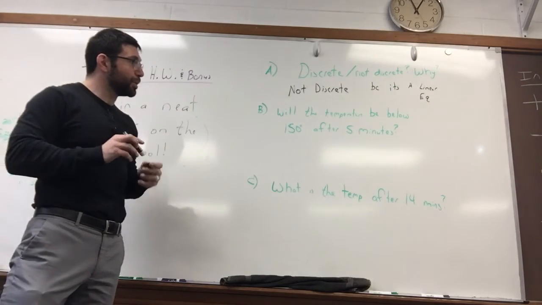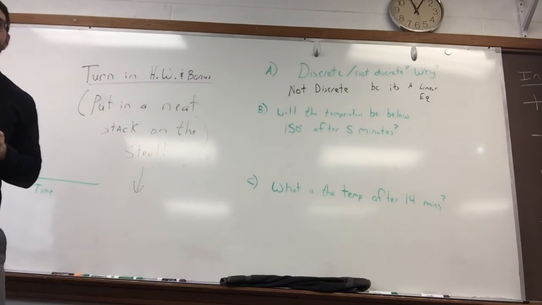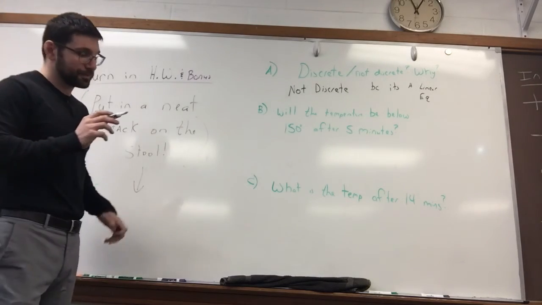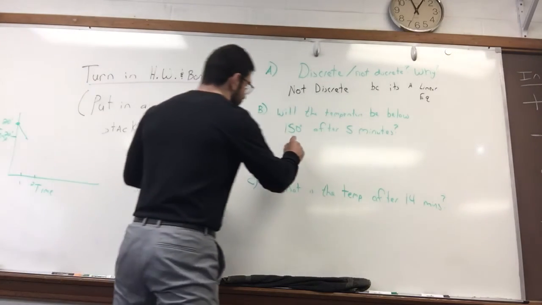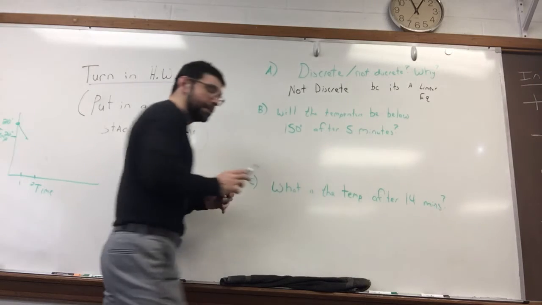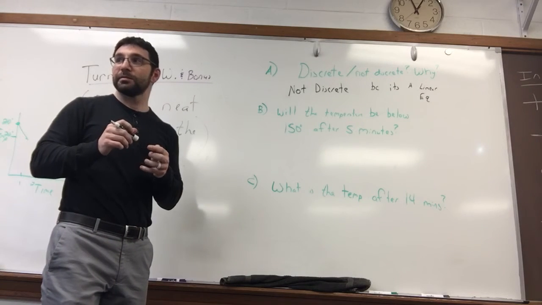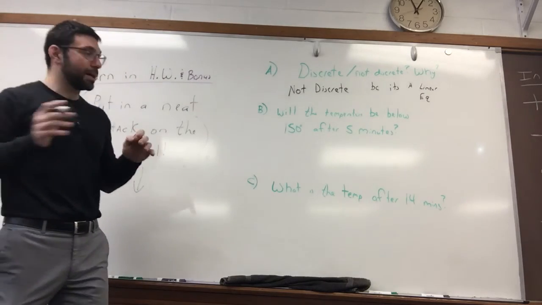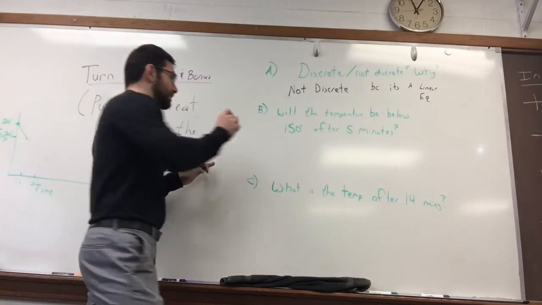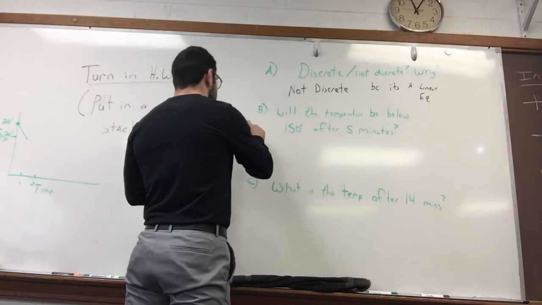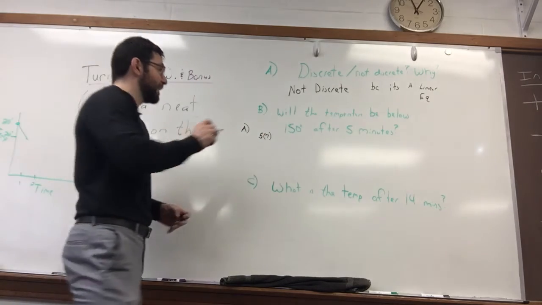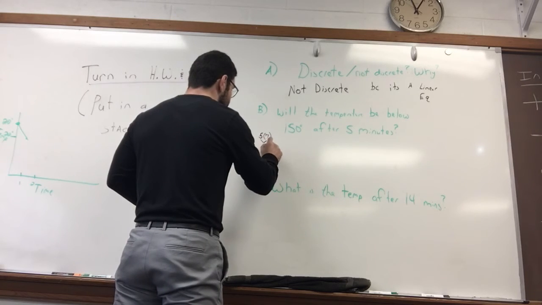So, will the temperature be below 150 degrees after 5 minutes? What are we going to do, Ava? I multiplied 5 by 7, and I got 35 degrees. So I subtracted 35 from 210 degrees, and I got 165. I love what you did there. So here's option A. What Ava told me is she said, okay, 5 multiplied by 7 is 35.